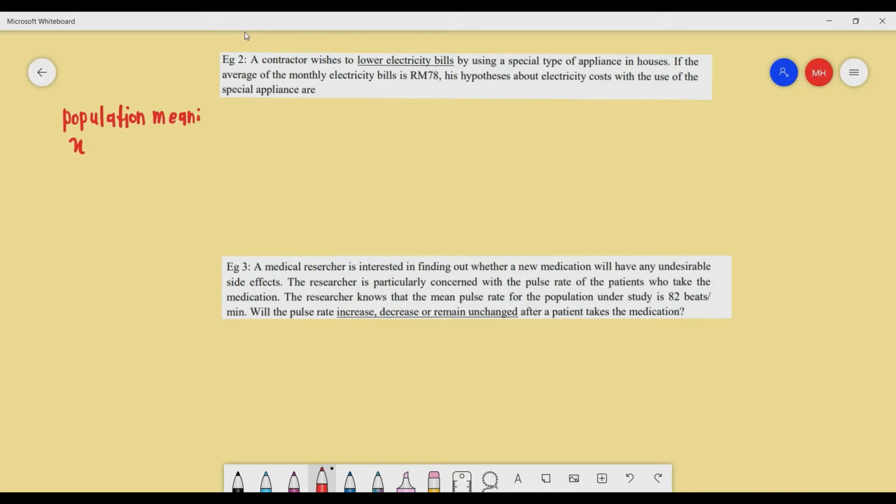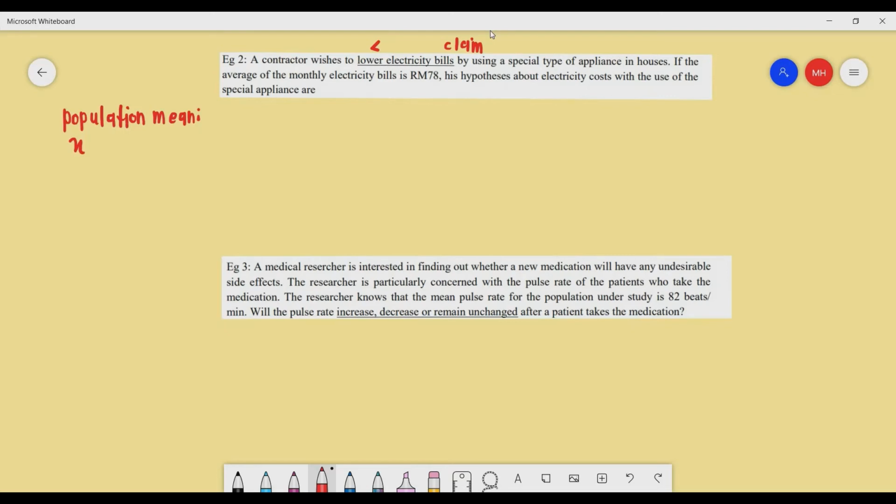Okay, so let's take a look at example 2 here. A contractor wishes to lower electricity bills by using a special type of appliance in houses. So this contractor wants to test whether using a special type of appliance lowers the electricity bill. So to lower here means less. Therefore, this one is definitely a claim, something that the person wants to prove, right?